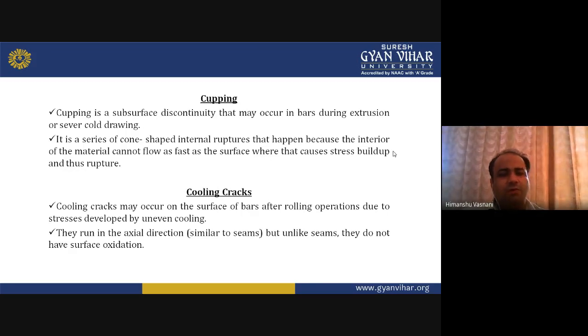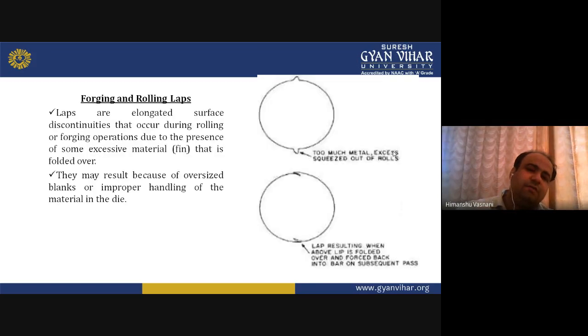While cooling there may be some uneven cooling, and at that time these cooling cracks occur on the surface. Like seams, they occur in the axial direction, but they do not have surface oxidation with them.